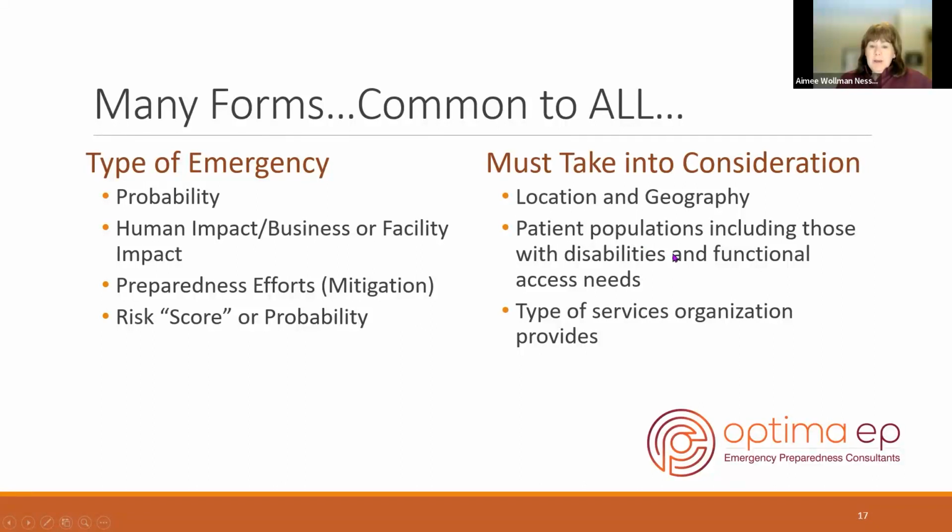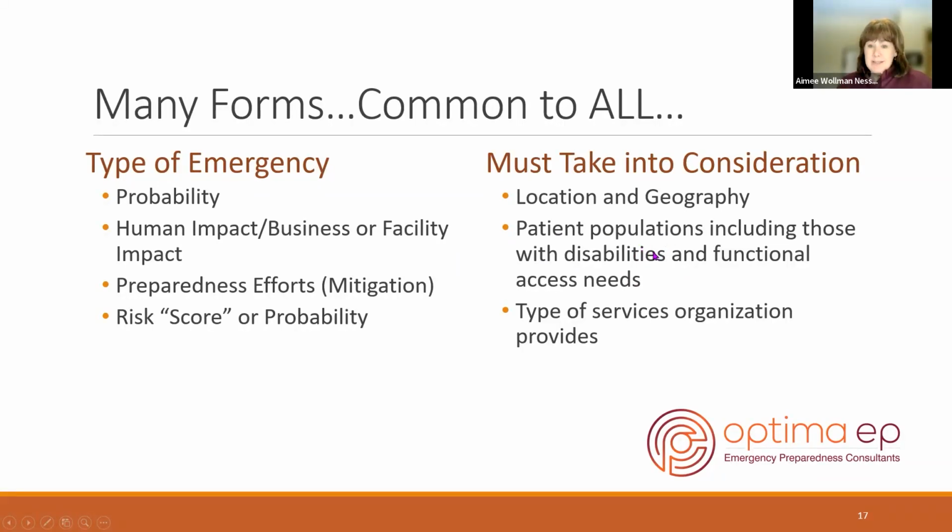The other one that you absolutely have to take into consideration is your patient population, including those with disabilities or functional access needs. So obviously, if you are a skilled nursing facility, you have a very unique patient population that has different needs than a hospital would have.